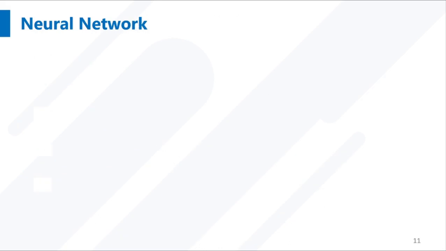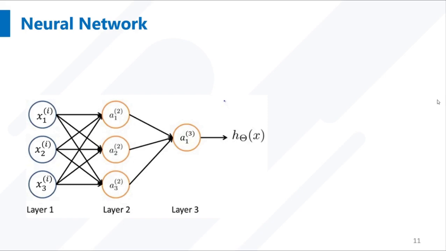Now we shall discuss the formal definition of a neural network, that is, what are the different nodes that we have to add. This is the minimum configuration of a neural network, where there are three layers: layer 1, layer 2, layer 3.